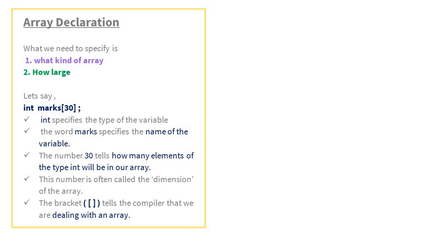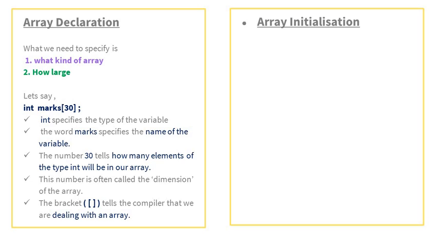Now let's see some examples of array initialization. First of all, here you can see I have written integer num and inside the bracket 6. Up to this it's just an array declaration. But if you want to initialize this array, then you can do it like this.